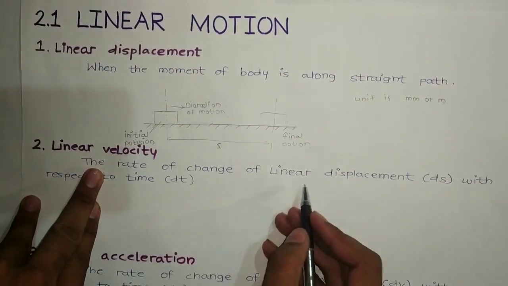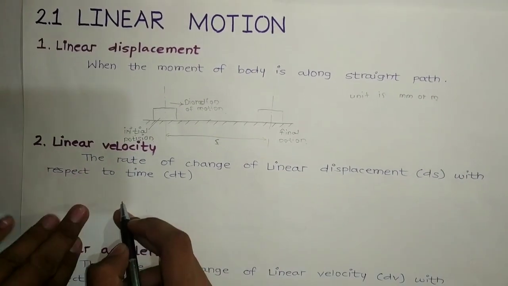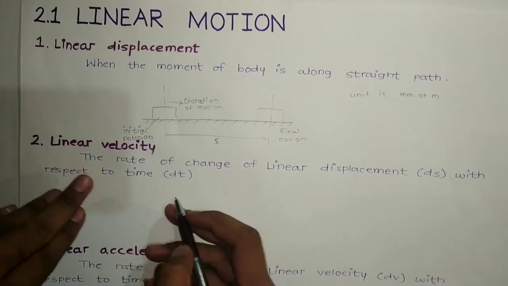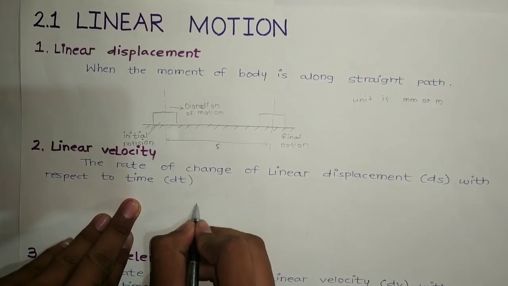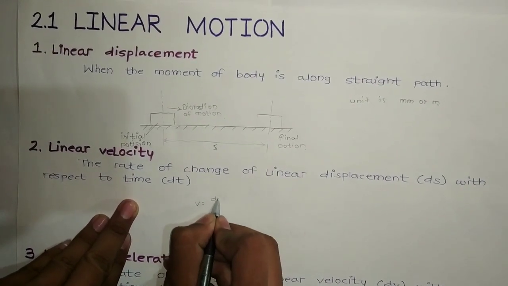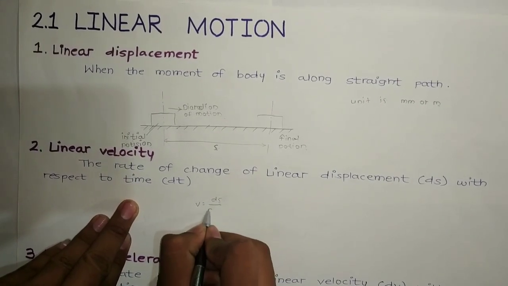Now come to the next topic, linear velocity. The rate of change of linear displacement with respect to time is called linear velocity. The formula for linear velocity is v is equal to ds by dt.